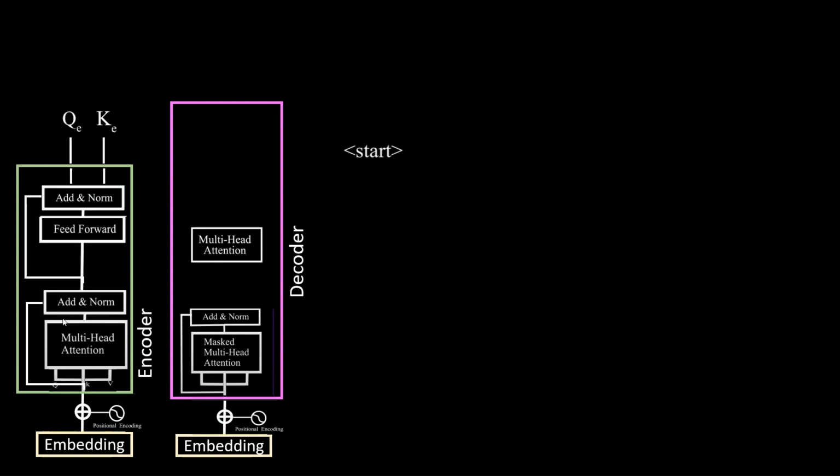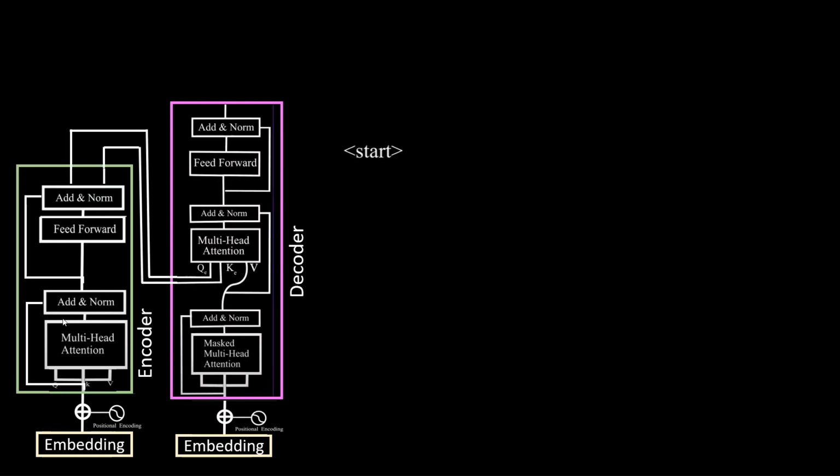Now in the next multi-head attention, the query and the key will be coming from the encoder and the value will be the previous output, and this will build up understanding of the current generated output and the previous query input, because the output has to be generated according to the input. Then the output from this layer is again added to the output from the previous layer and normalized, and this will be fed to the simple feed forward neural network with a residual connection and normalization.